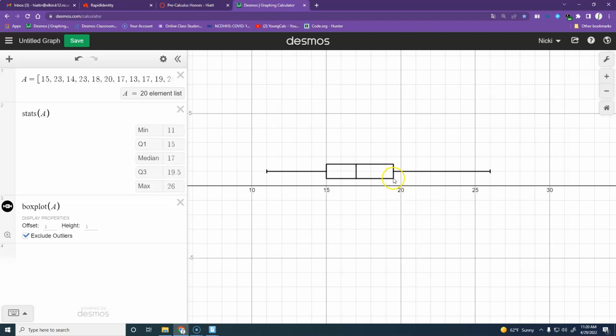What percentage of the class has names that are that long? We should know 19.5 is right here to right here, which is 25%. Each piece of the box plot contains 25%, right? So if I make this statement, half of the class has 17 or fewer letters in their name. Is that true?